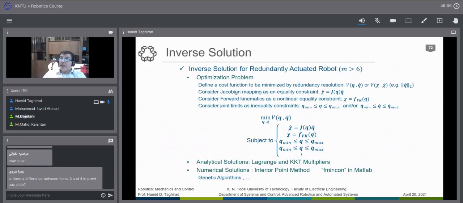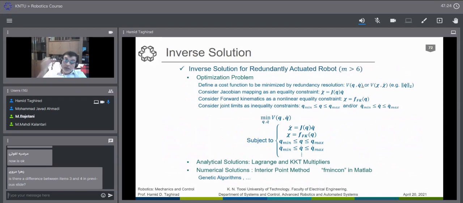Of course, the usual routines use minimization here. If you want to maximize something, you can just take the negative of the cost function that you would like to maximize and find the minimum of that. Anyway, V could be anything, either in task space or in joint space.